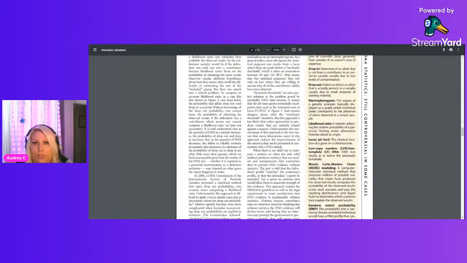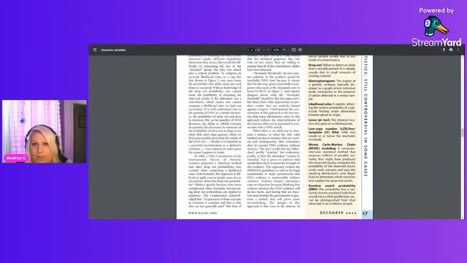Experts disagree about what the stochastic threshold should be, but this approach is less likely than other approaches to produce results that are unfairly biased against the suspect. Unfortunately, the conservatism of this approach is the very reason that many laboratories reject it.